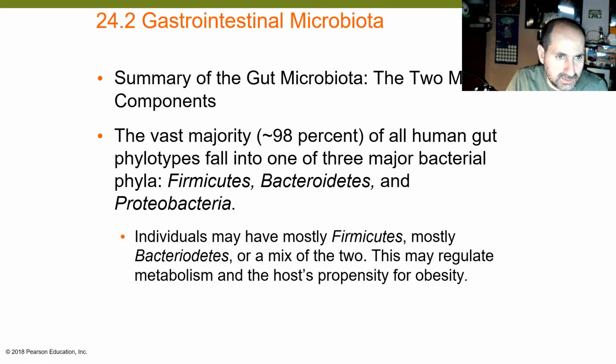You should know that the vast majority of all human gut phylotypes fall into one of three major bacterial phyla: Firmicutes, Bacteroidetes, and Proteobacteria.